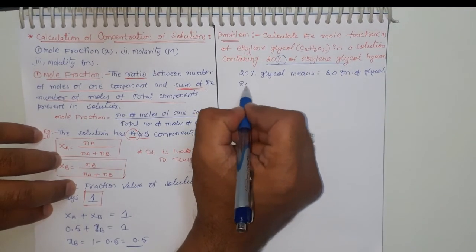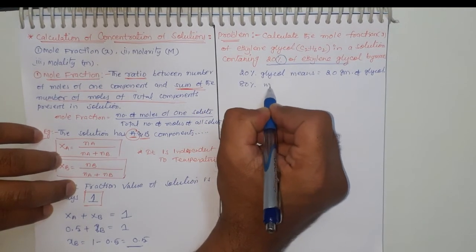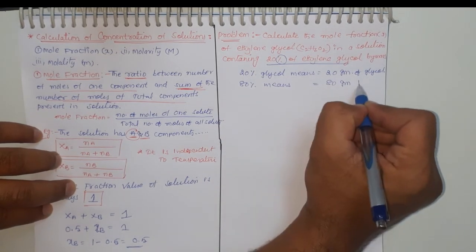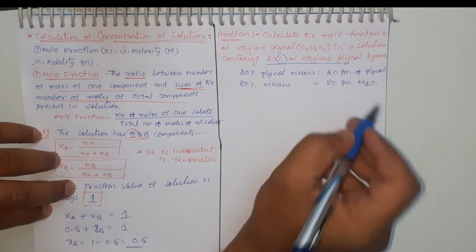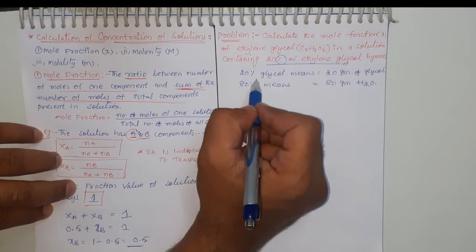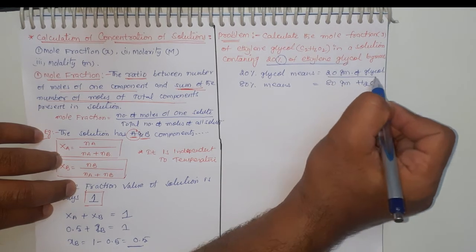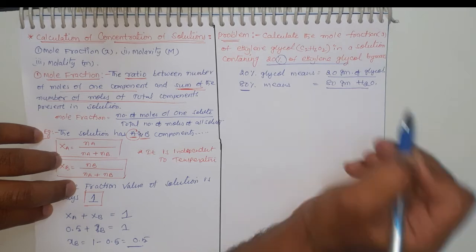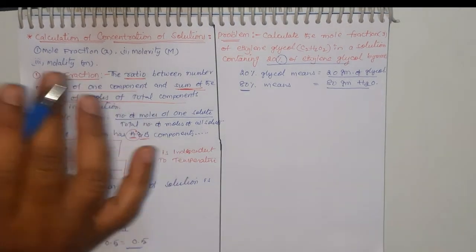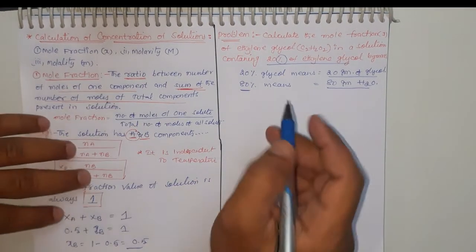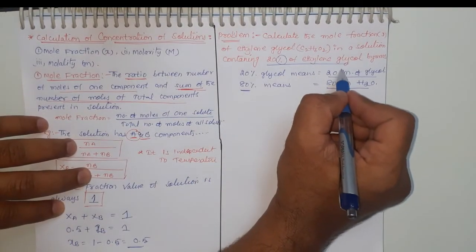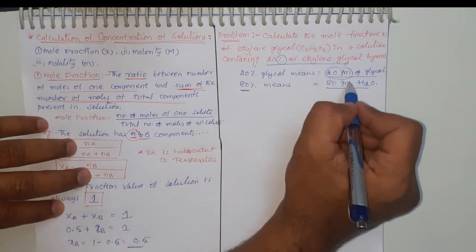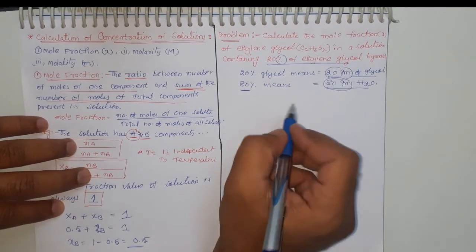Okay, the remaining 80% means 80 grams of water. We assume that 20% of glycol means 20 grams of glycol, and the remaining 80% we assume is 80 grams of H2O. Okay, then glycol weight is 20 grams and water weight is 80 grams.